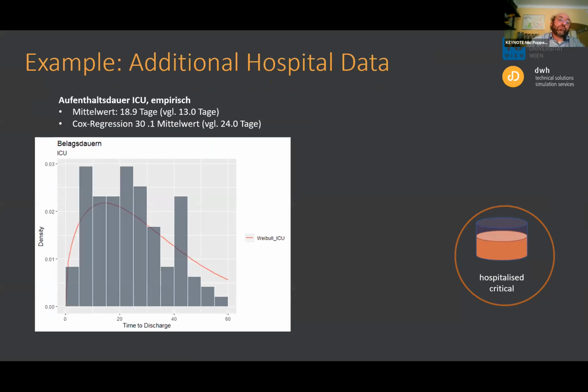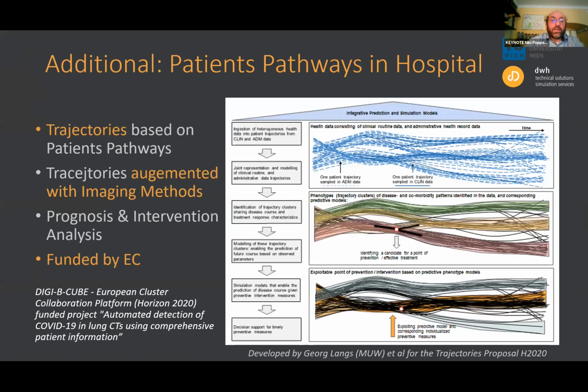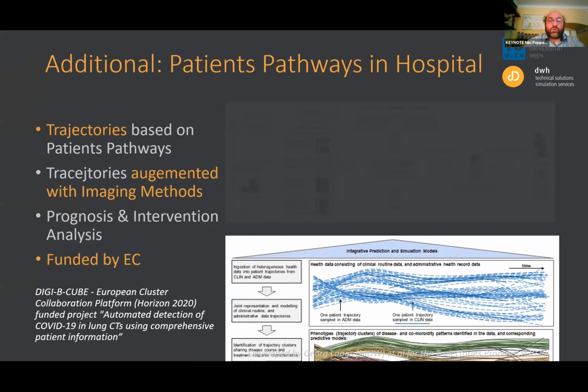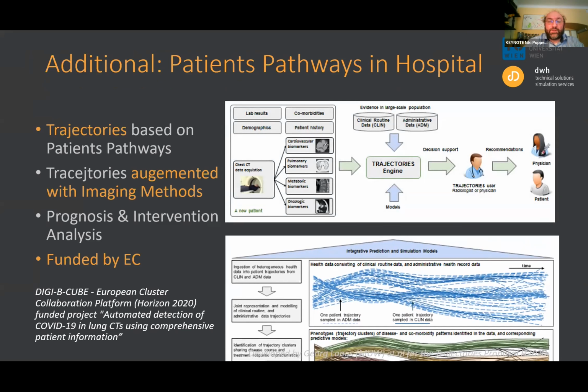We have to do this with, for example, hospital data. And this can be increased also, with a project we start at the moment, using data from CTs at the hospitals, so we can integrate also information on the pathway of really ill persons based on their CTs, on imaging data of their lung.